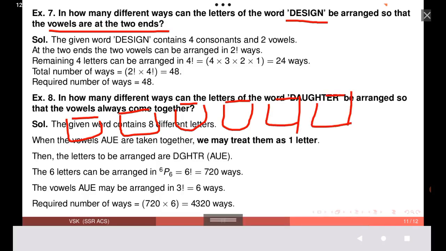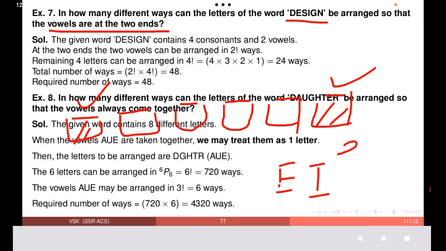At the end points there should be vowels, and the vowels here are E and I. So these two vowels at these two places can be arranged by factorial 2 ways because 2 letters are there. Now the remaining 1, 2, 3, 4 are the consonants, and because there are 4, these can be arranged by factorial 4 ways.